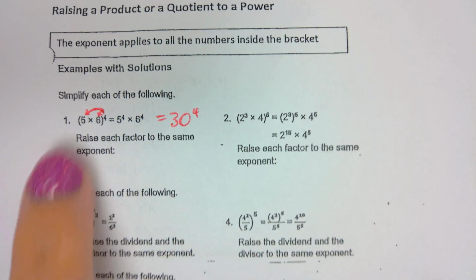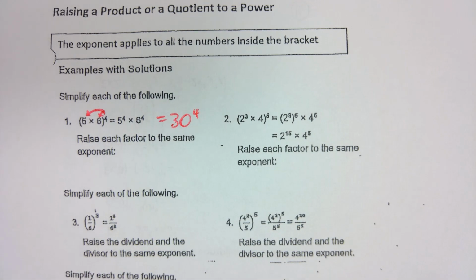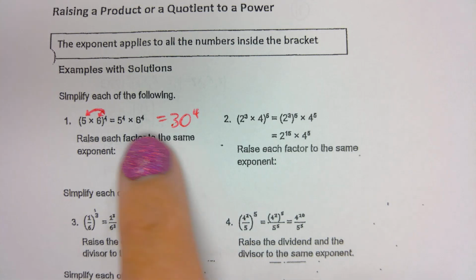Because if you just do BEDMAS, brackets, 5 times 6, 30. 30 to the power of 4, you will still get the same answer. Just like on the test, you know that tire question, when you buy 4 sets of tires, some of you were asking me, do I do the discount first or do I times it by 4 first? It's the same answer. You'll get the same. Okay, so same idea right here.